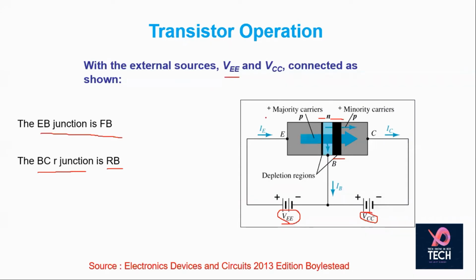Then another thing is majority carriers and minority carriers. We have already discussed this in the previous slide: in P-type material, your majority carriers are holes and your minority carriers are electrons. Similarly, in N-type, electrons are majority carriers and holes are minority carriers.